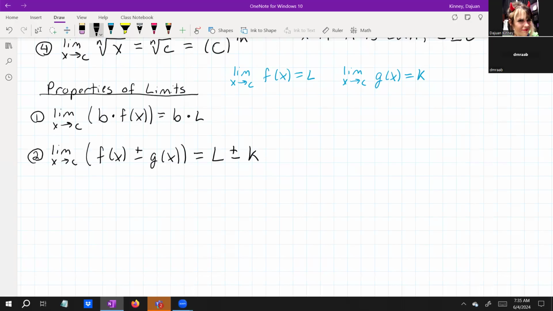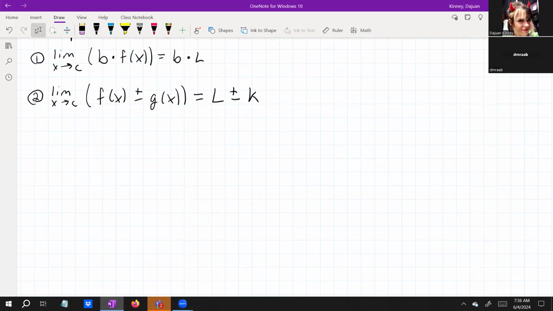Okay. If we're adding or subtracting two limits, we get the addition or subtraction of the limits themselves. So f of x plus or minus g of x, our limit is going to be L plus or minus k. Again, it works like you want it to. I keep forgetting you can't see my other screen.